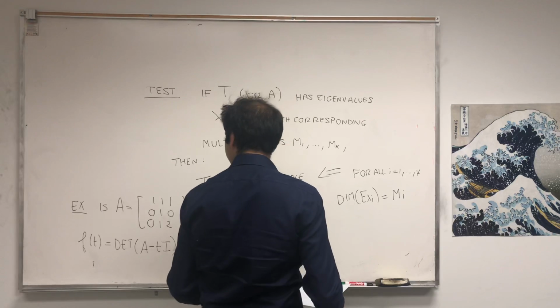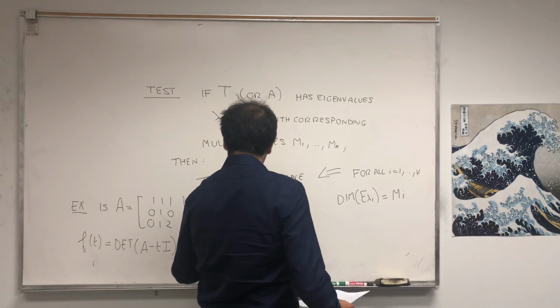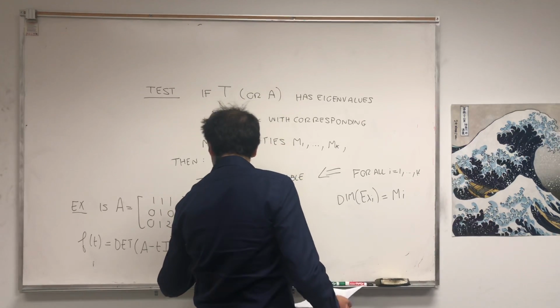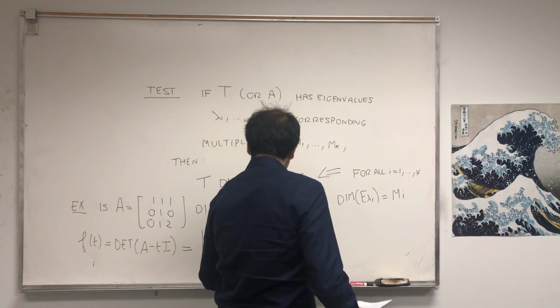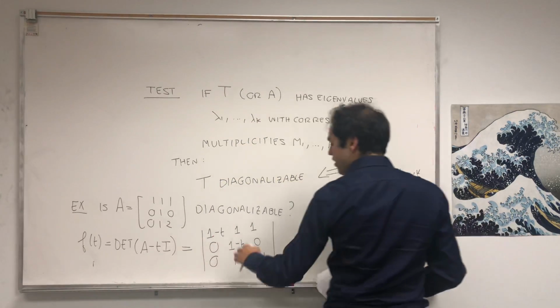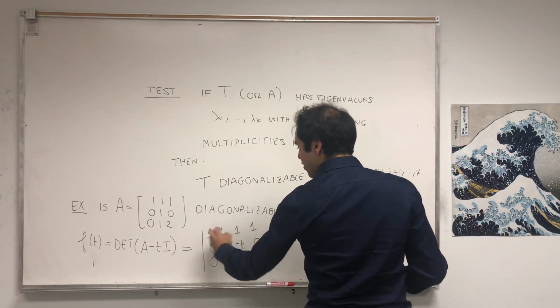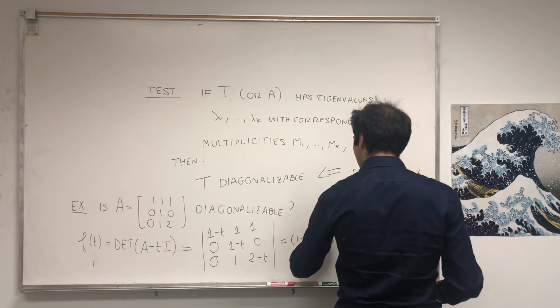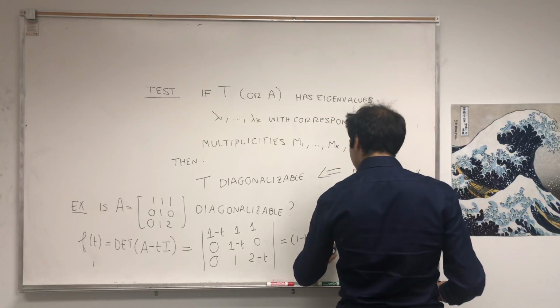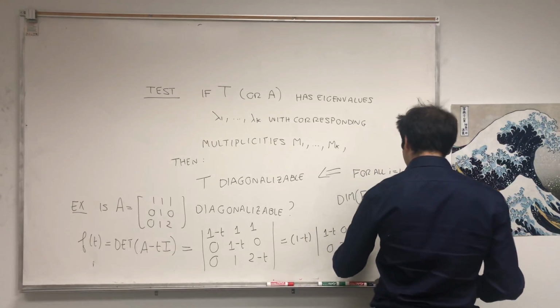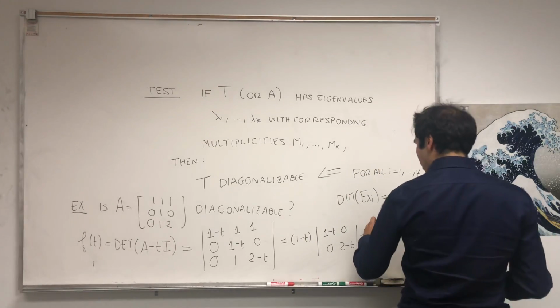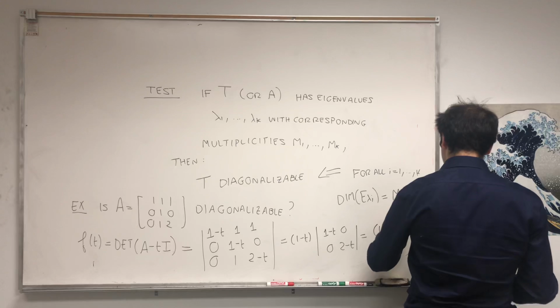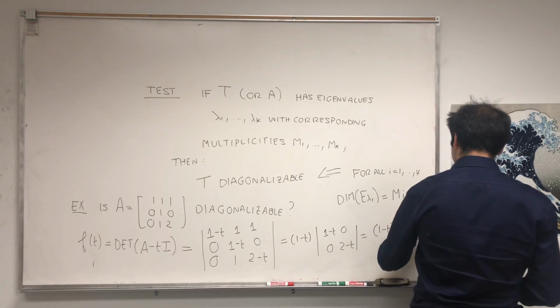So 1 minus t, 1, 1, 0, 1 minus t, 0, 0, 1, 2 minus t. If you calculate this, it becomes 1 minus t times the determinant of 1 minus t, 0, 0, 2 minus t. That becomes 1 minus t squared times 2 minus t.